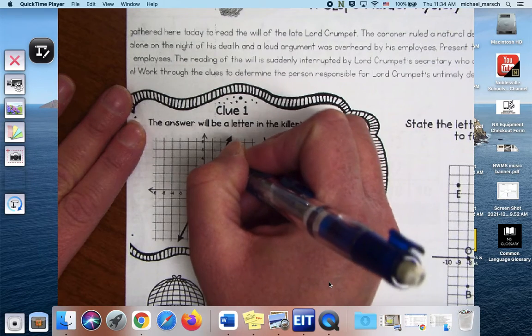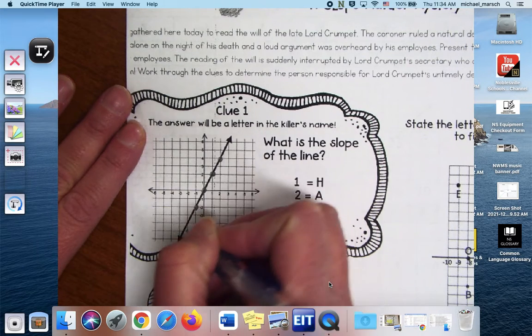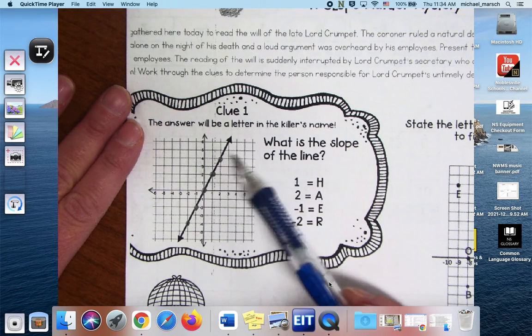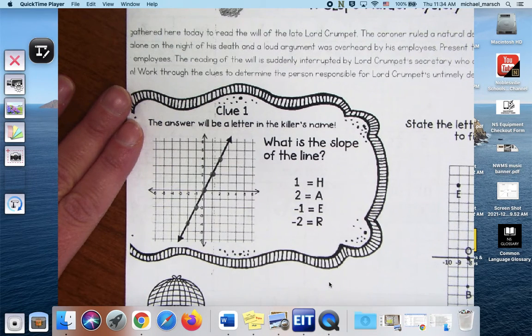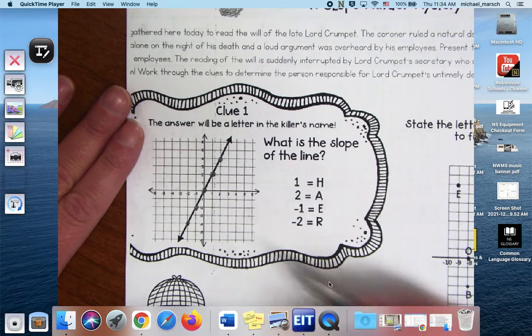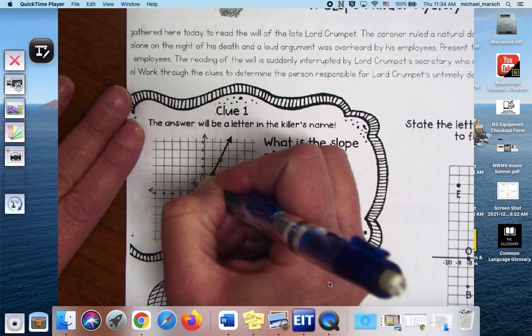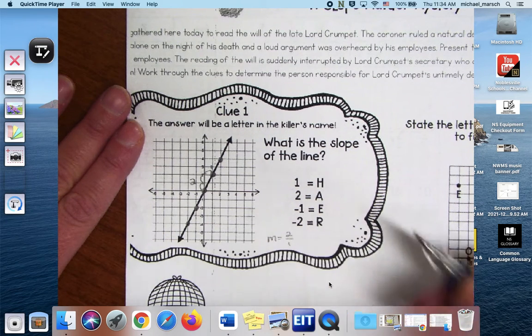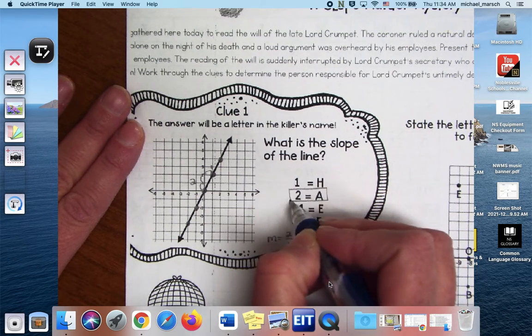I mean, I could keep going on the line, right? All these perfect intersections. It doesn't matter which ones you use because when you simplify, you're still all going to get the same answer, which would be up 2 over 1. So my slope is 2 over 1. So this is the answer for the first one.